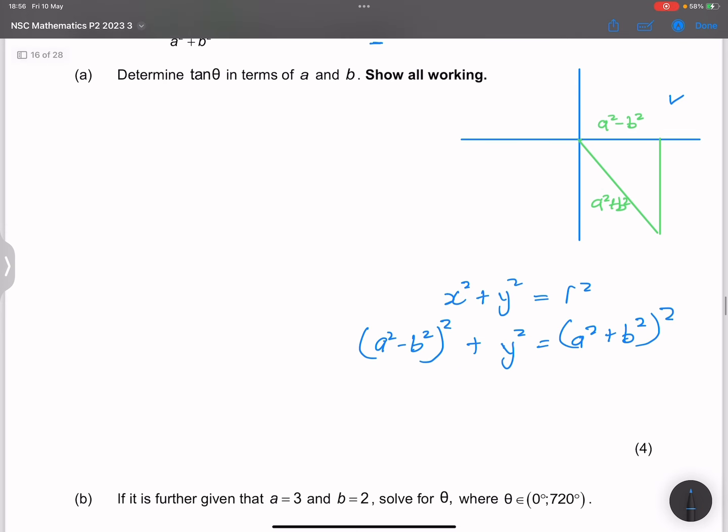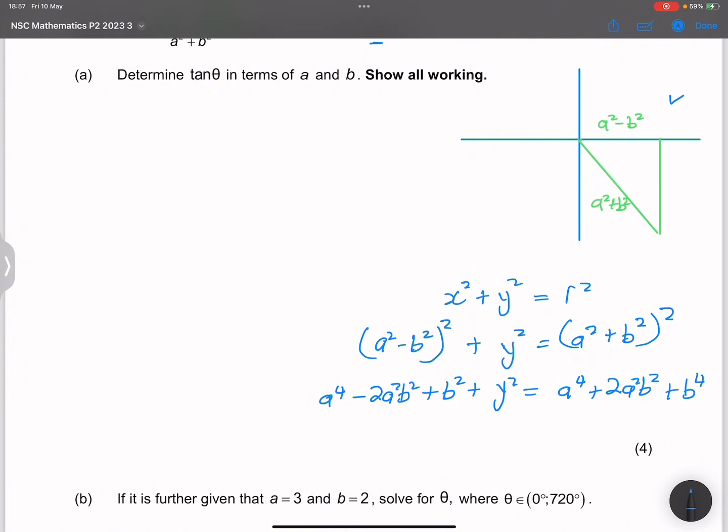Now to get the value of y, I'm going to say y squared. If you wanted to, this would be a to the power 4 minus 2a squared b squared plus b to the power 4 plus y squared, which is equal to a to the power 4 plus 2a squared b squared plus b to the power 4.